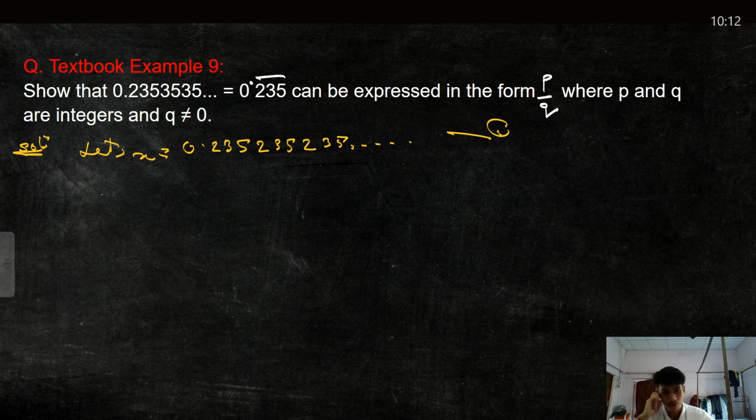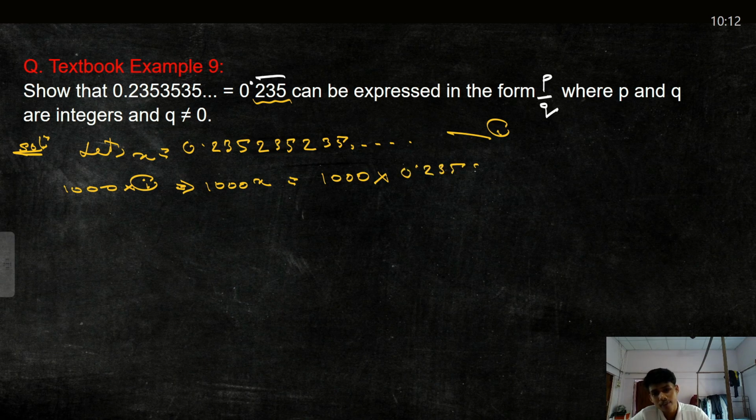Let it be equation 1. Now since there are 3 digits after the decimal, we will multiply it with 1000. 1000 times equation 1 implies 1000 times x is equal to 1000 times 0.235 bar.